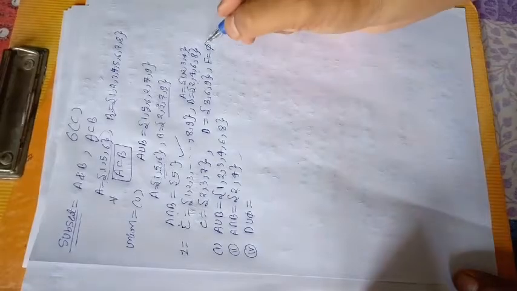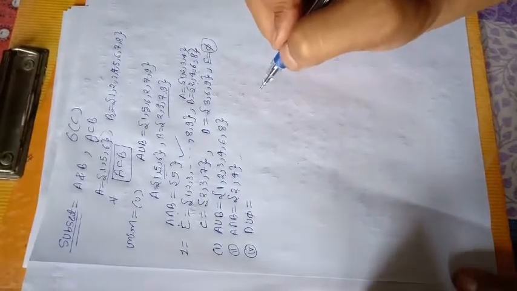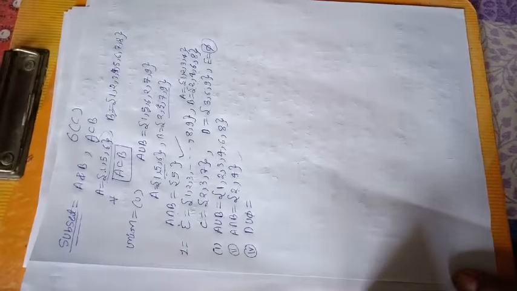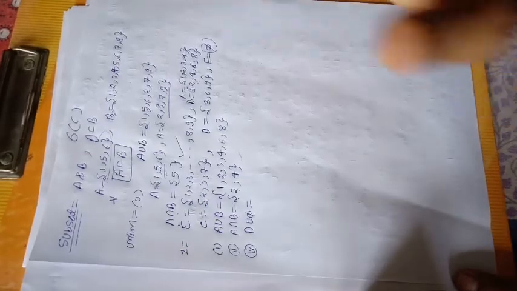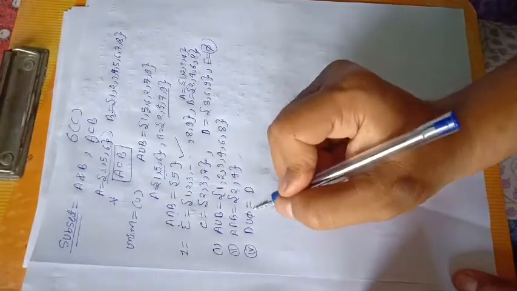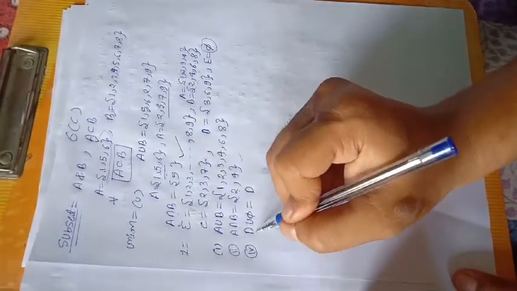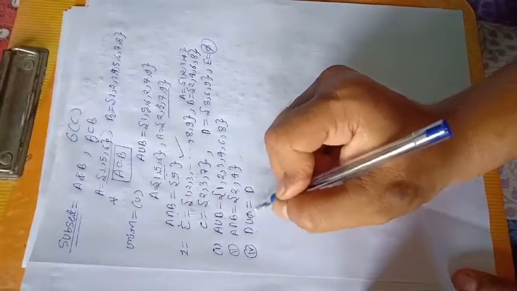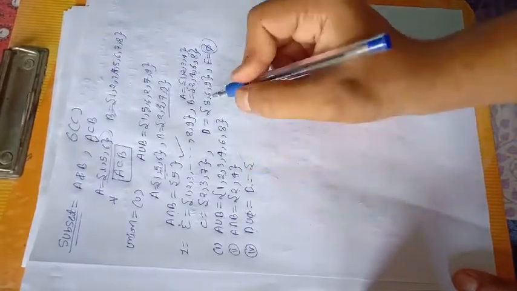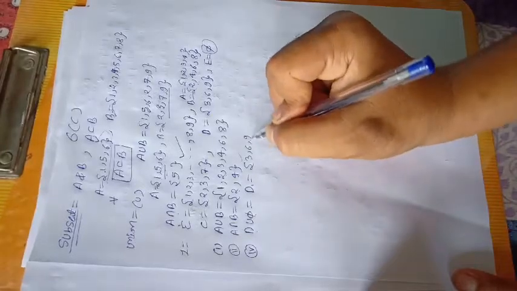Phi is the empty set, meaning phi has no element, so D union phi means D, because elements are either in D or in phi, but phi has no element, so this equals D, and D equals 3, 6, 9.